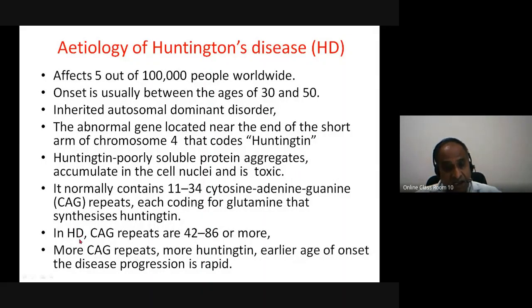If there are more CAG repeats, more Huntingtin is produced. And if the age of onset of the disease is earlier, it will be more dangerous, as the progression becomes faster.